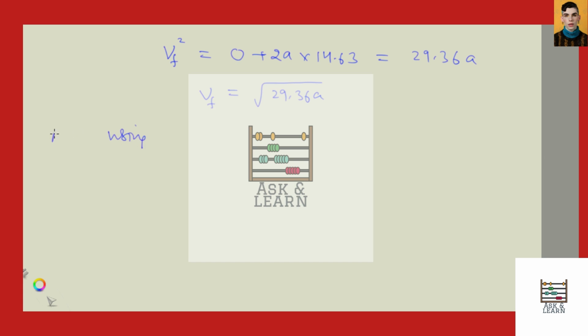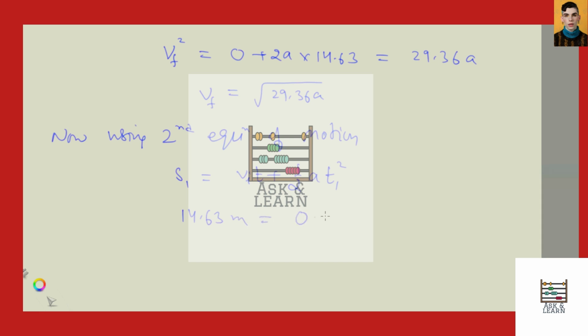Now, for the same part of the motion, we will use the second equation of motion, which says total distance S, let it be S1, is equal to Vit plus half A T1 square. So, this S1 is 14.63 meter again.